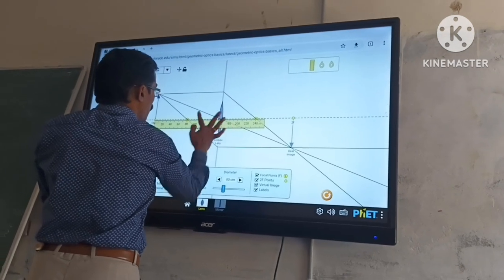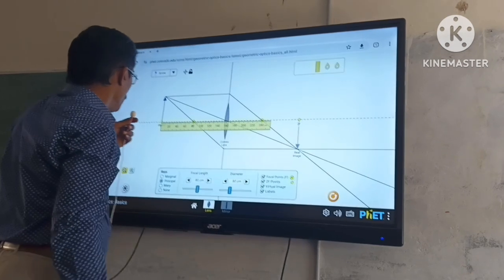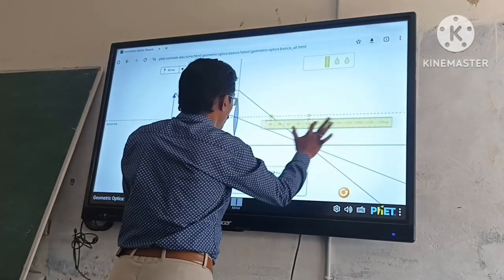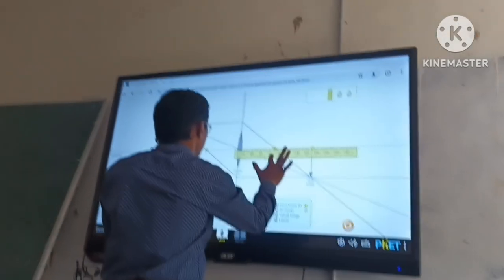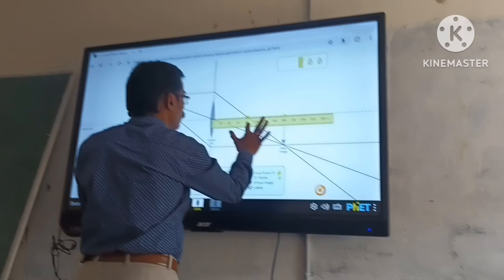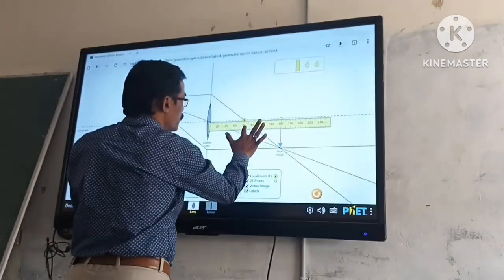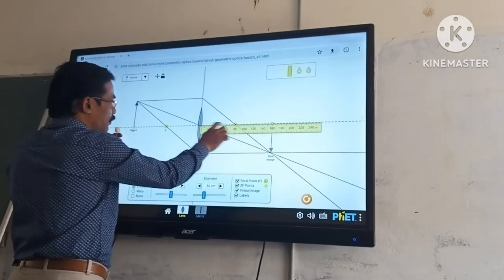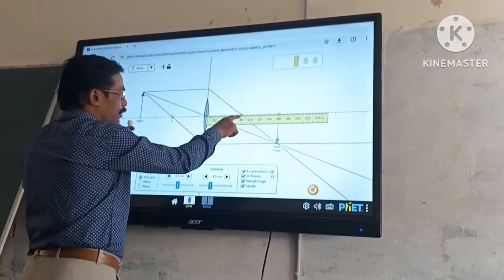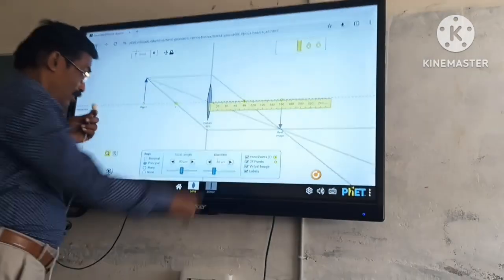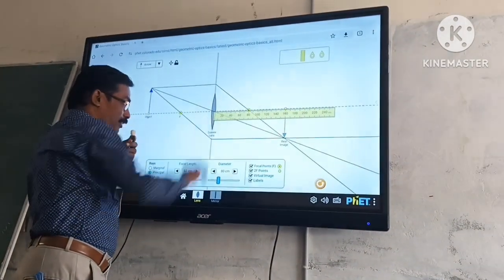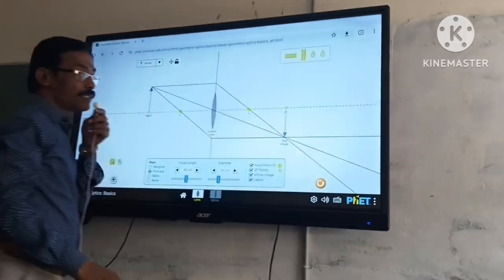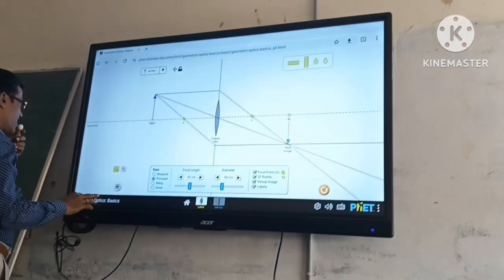The total object distance is almost 160 here. Here also the object distance is equal to the image distance, that is 160, and the focal length is 80. The focal length of the lens is 80 centimeters from optic center to focal point. Like this you can use a scale for measuring object distance, focal length, image distance and radius of curvature.